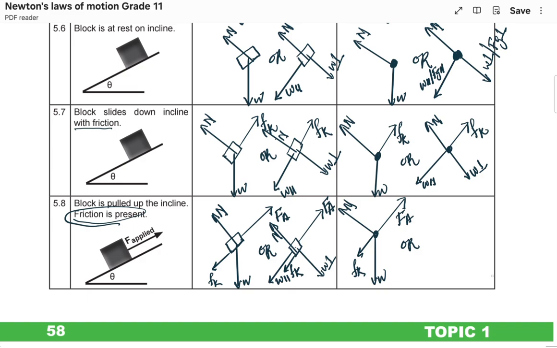Remember, the components is for calculations. There is a dot. Now there's a normal. There is a force applied.